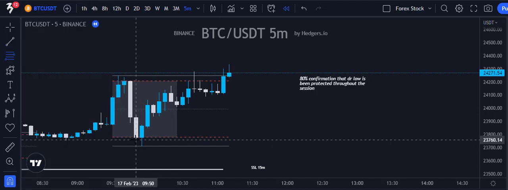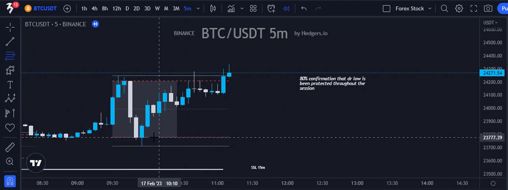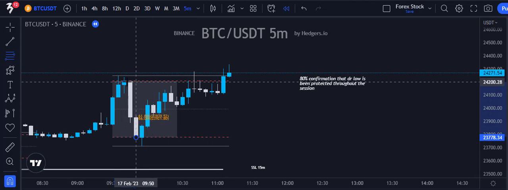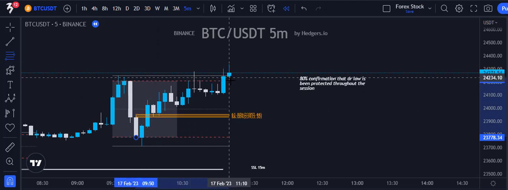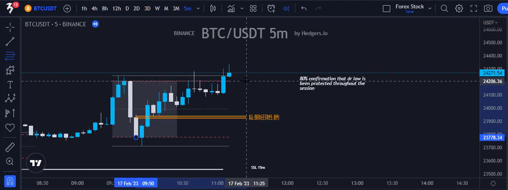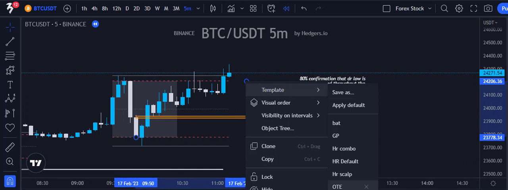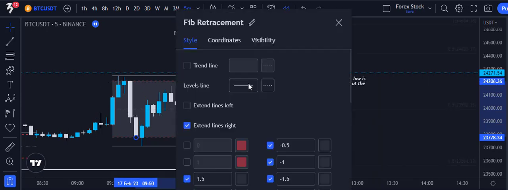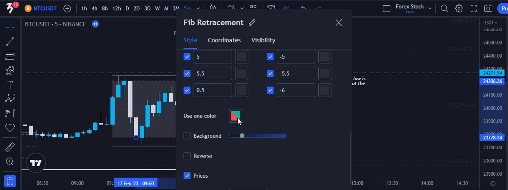I'm going to mark it from the IDR high, the implied defining range, this red one from the bodies here, and you will take this above the IDR high as well. Now this is the standard deviation Fibonacci levels, and these are the settings, as you can see here.